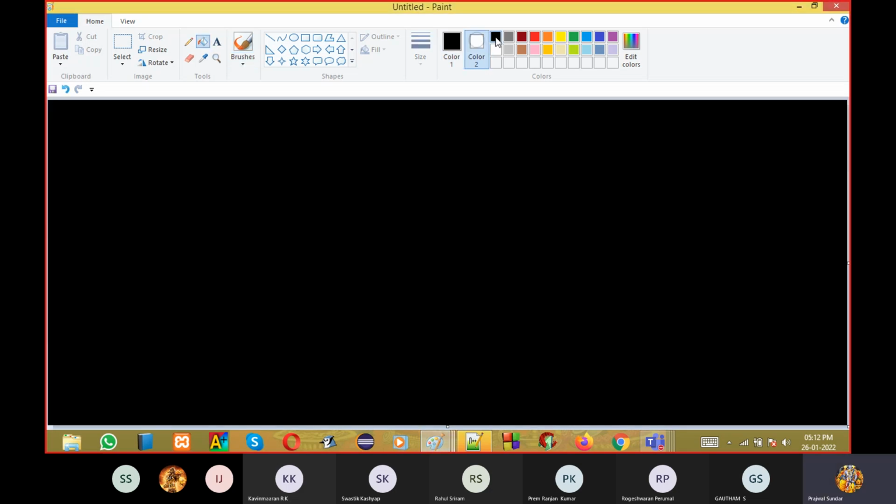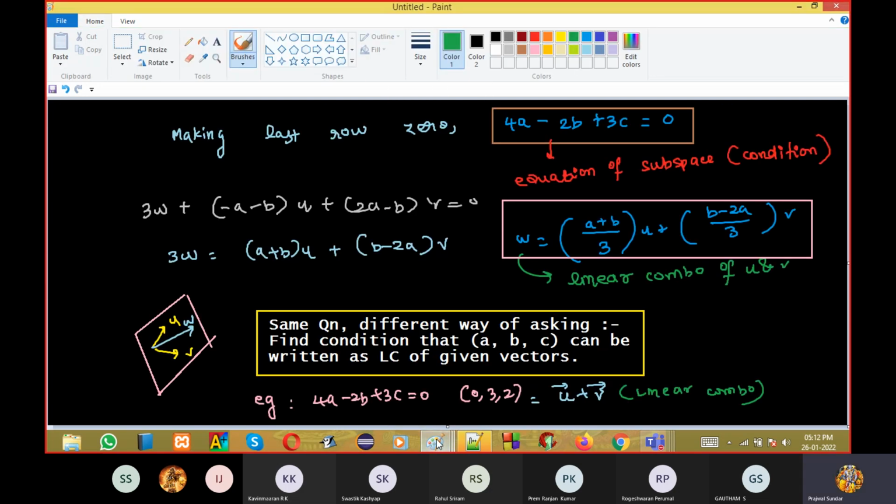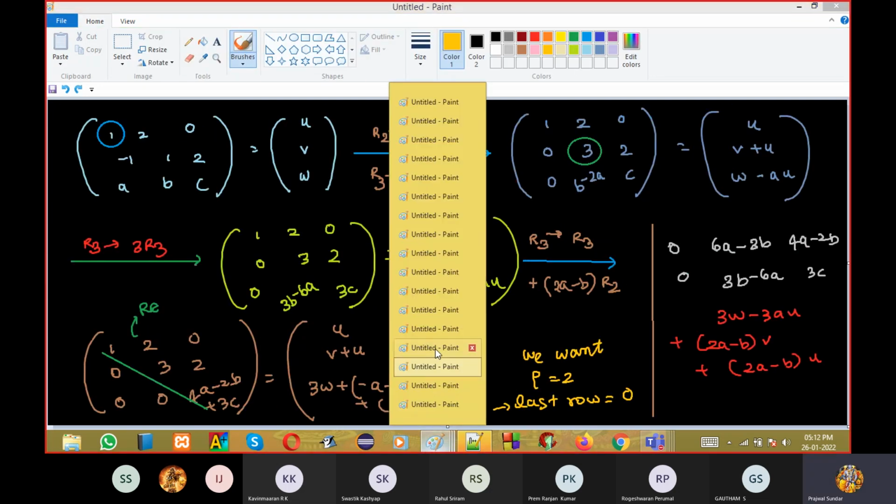Last question I will give and we'll wind up the session. This is question number 6. The condition that A, B, C should satisfy.